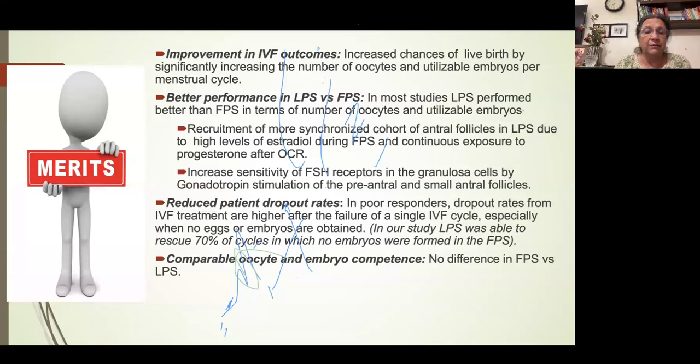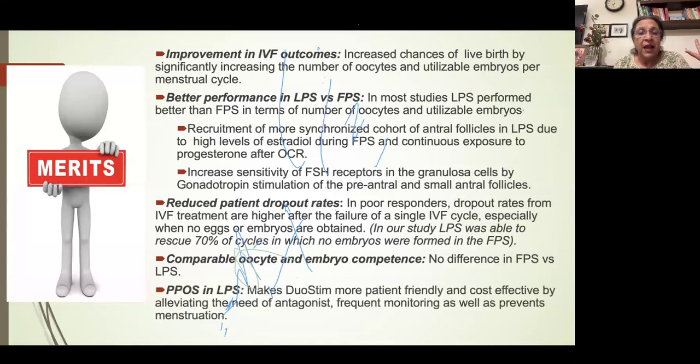It doesn't matter whether you use the PPOS protocol or an antagonist, or whether there's progesterone in the circulation, which would be there in every luteal phase; embryo competence does not reduce. And last of all, I told you PPOS in the luteal phase makes a lot of sense, and that is what we thought of and started giving medroxy.